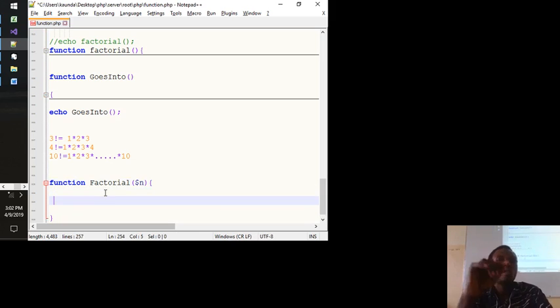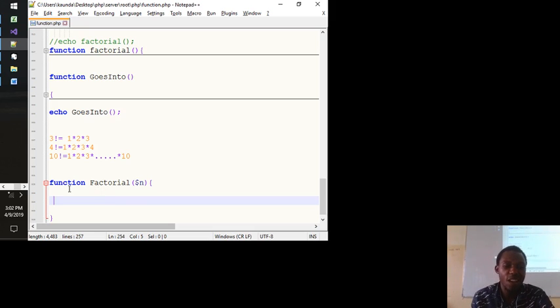Now what we are just going to do is multiply by 1, by 2, by 3, by 4, by 5, by 6 until we get to the number we are given. So we will do 1 times 2, then we put it in our answer container. Then that answer we multiply by 3, then by 4, that answer we multiply by 5, till we get to n. That is all we have to do.